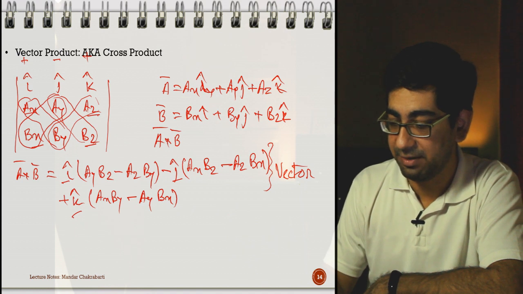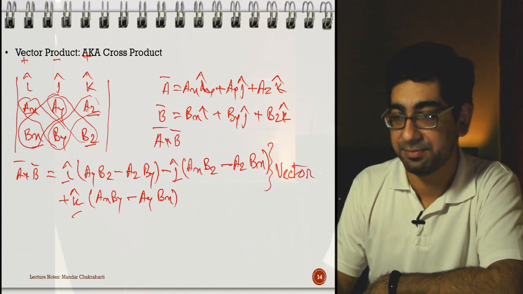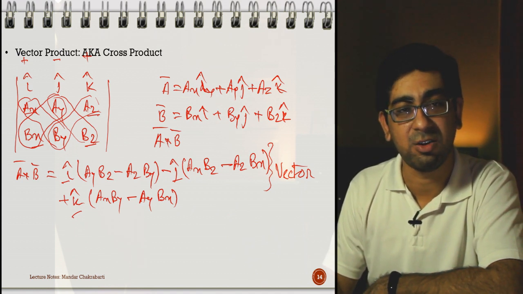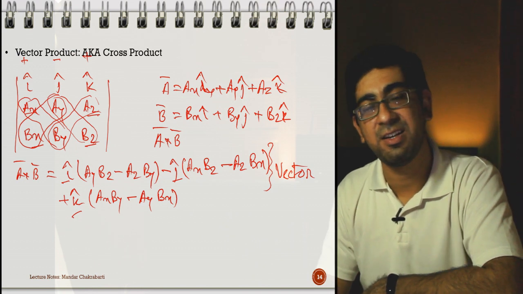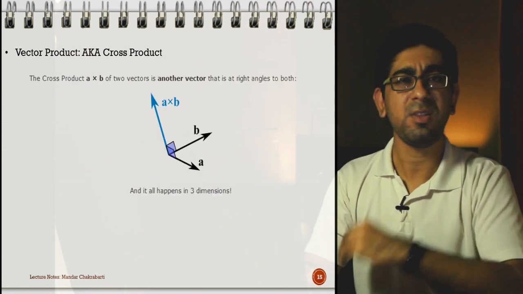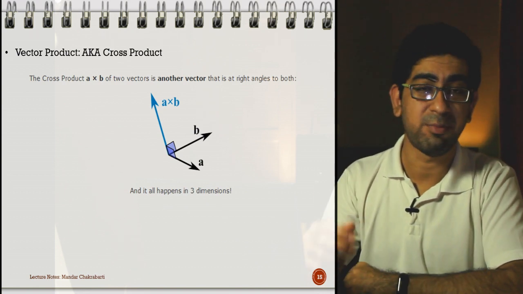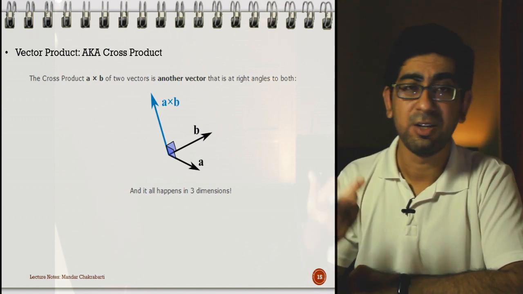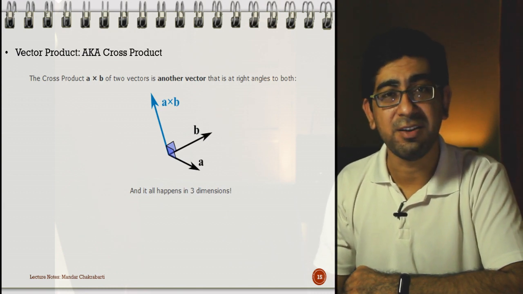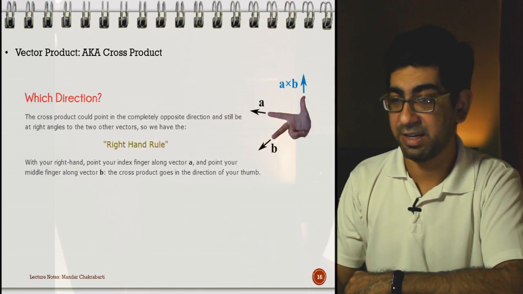So when we calculate the cross product of two vectors, the resultant is also a vector. Since the resultant is a vector, it must definitely have a direction, right? So how do we calculate the direction of this resultant vector?